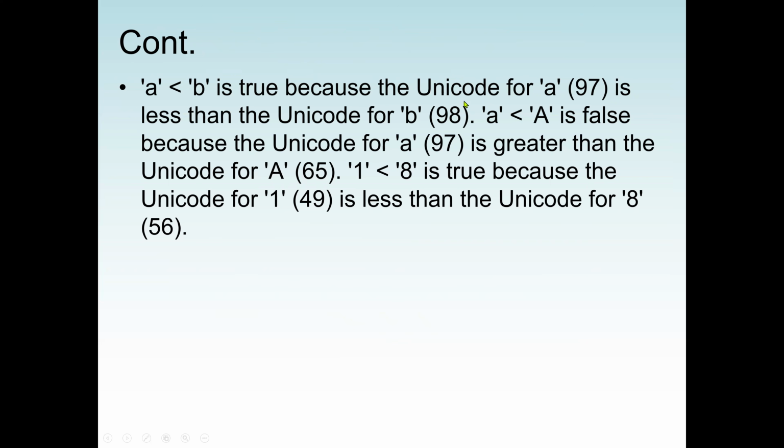As we said earlier, ASCII and Unicode use values to represent symbols, characters, etc. The same thing here: lowercase a is less than uppercase A. This is false because the Unicode for lowercase a is 97, which is greater than the Unicode for uppercase A, which is 65.